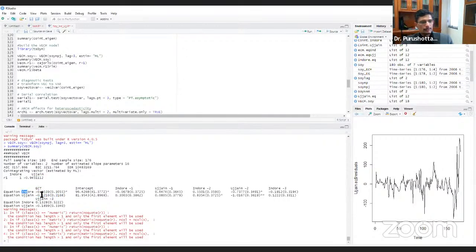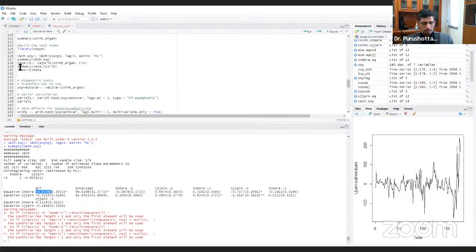So the error correction for Indore, the sign is negative and is significant. So we can say that it is the correct specification, and this is the error correction. Long run equilibrium is there.